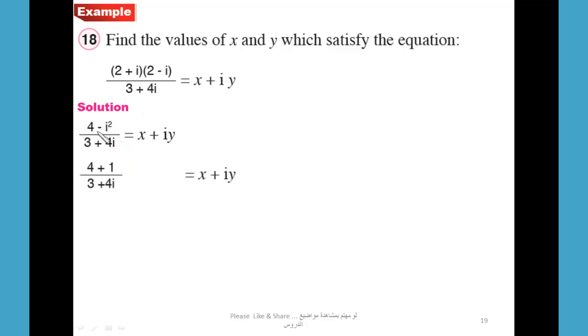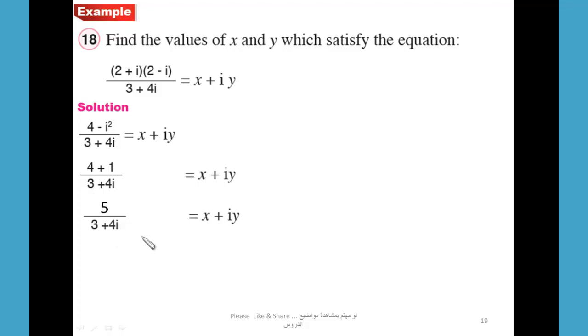Negative i squared is positive 1, as i squared equals negative 1. So negative 1 multiply negative will be positive 1. All of this equals x plus iy. And simplify, 4 plus 1 equals 5 over 3 plus 4i equals x plus iy.